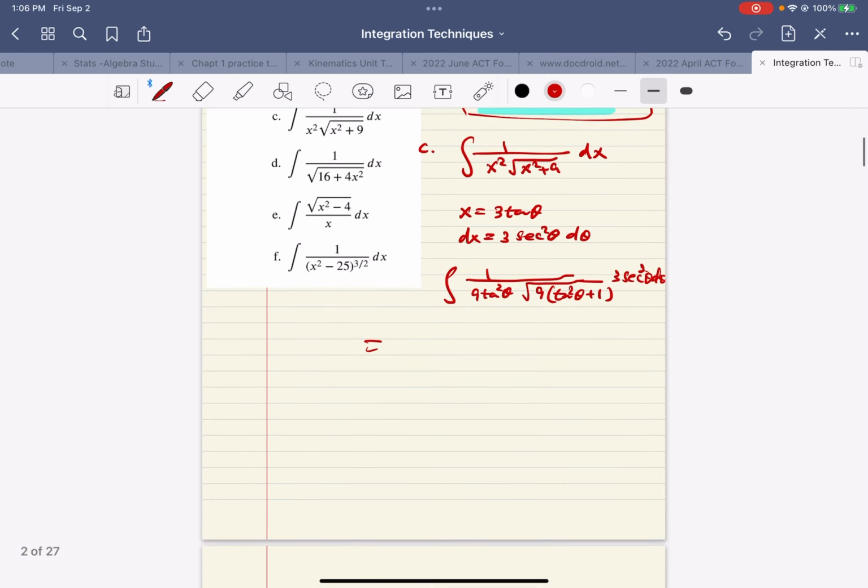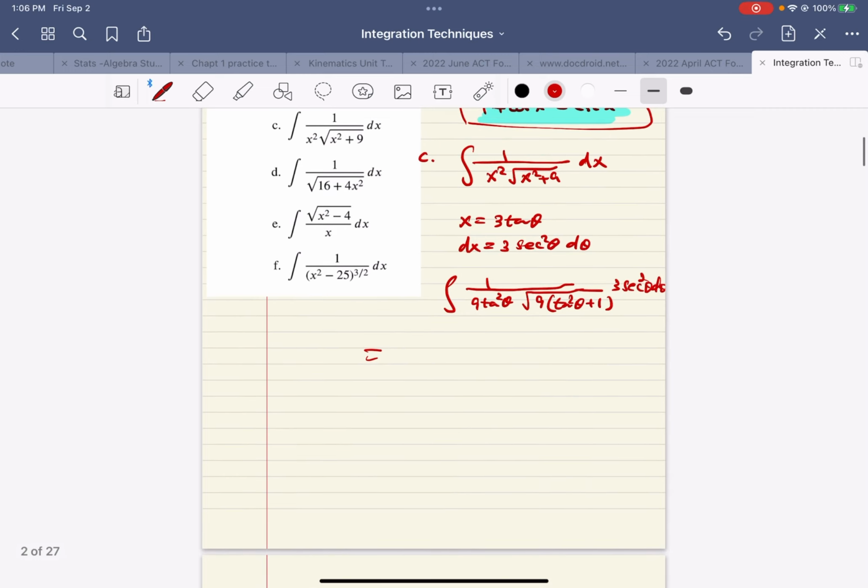Okay, so that becomes, this is a 3 here, root 9. 3 times 9 is 27, so you can take out 27 integral 3 secant square theta d theta, and then tangent square theta.